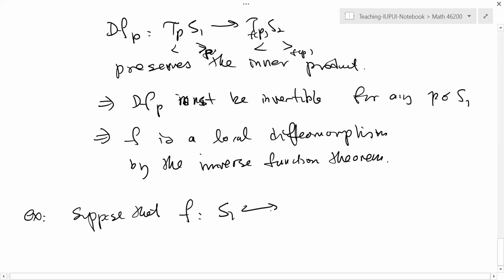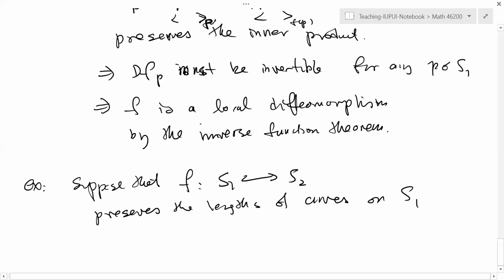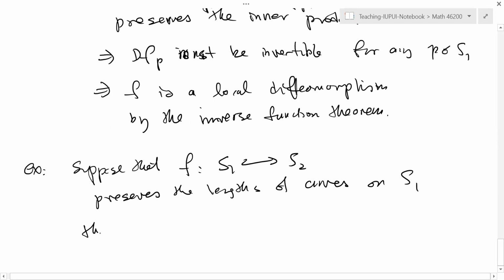Show that, suppose F preserves the lengths of curves on S1, then F is a local isometry.